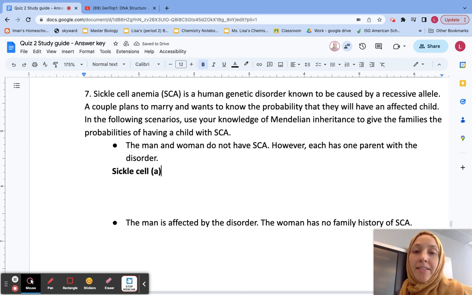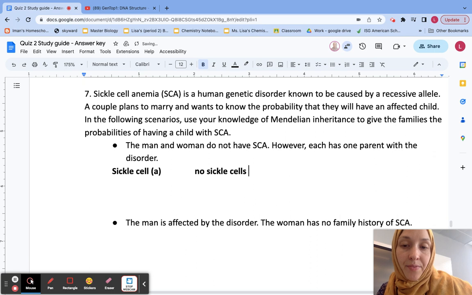A couple plans to marry and wants to know the probability that they will have an affected child. In the following scenario, use your knowledge to give the families the probability of having a child with sickle cell. So I'm going to do sickle cell as my recessive, and no sickle cell as my dominant. The man and woman do not have sickle cell.